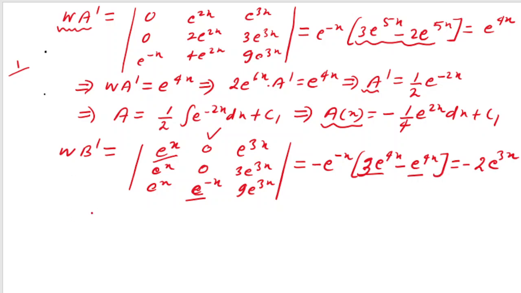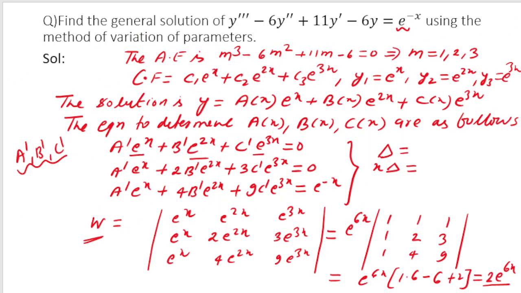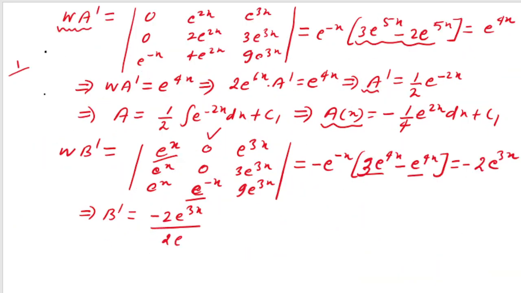Okay, so what is B dash? So I now can write B dash directly. So B dash is minus 2 e to the power 3x by W. So W we have got in the previous page, 2 e to the power 6x. So I write 2 e to the power 6x. So B dash is equal to, 2 cancels, minus e to the power minus 3x.